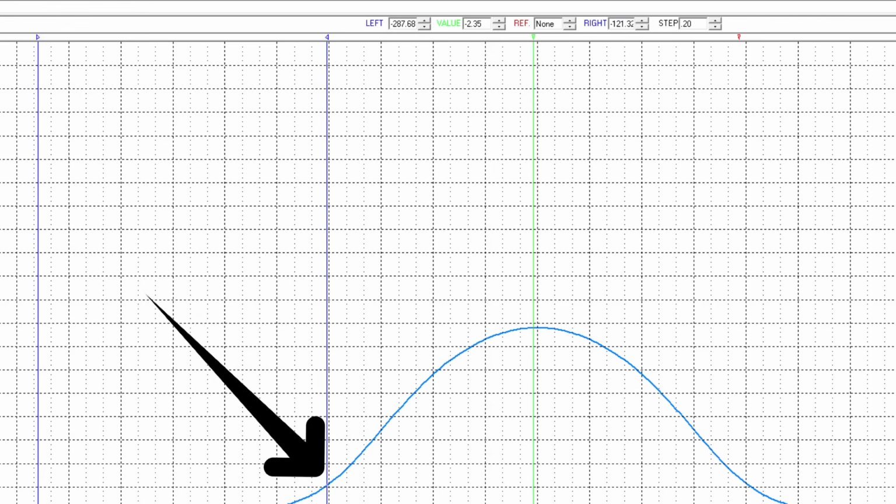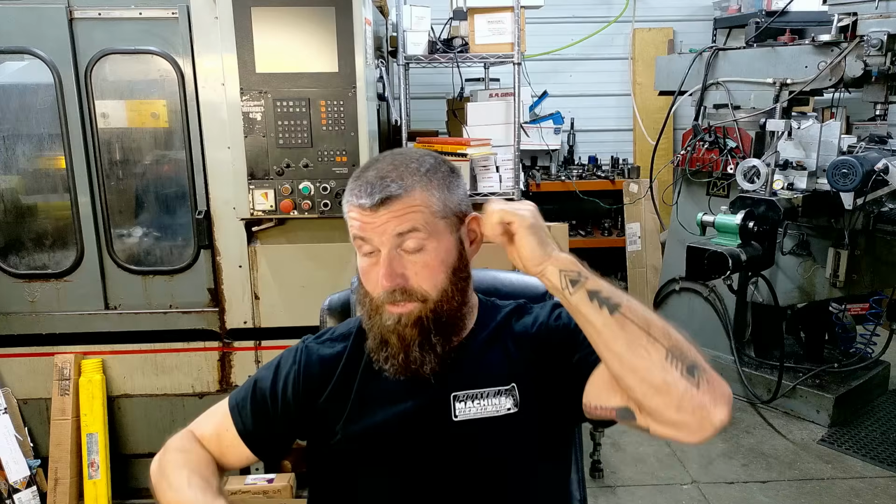So right there, all the way down here at 146 degrees. So, center of the lobe is 0, all the way over here to 146 degrees is where the ramp is. And to me, and it seems like most people agree, on the ramp the lifter is coming up but there's still slack in the valve train.